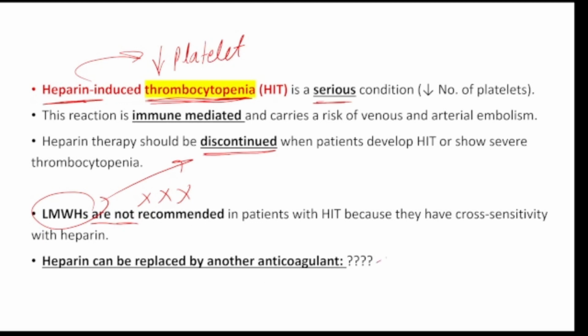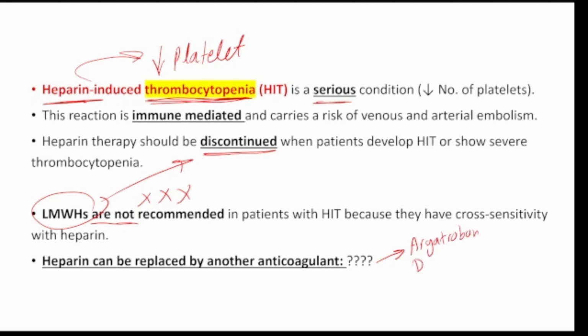I need you to give me a name. What do you think? Which medication could be prescribed for a patient suffering from stroke and a history of deep vein thrombosis, who has a history of HIT? What is the alternative? If you say argatroban, you are correct.